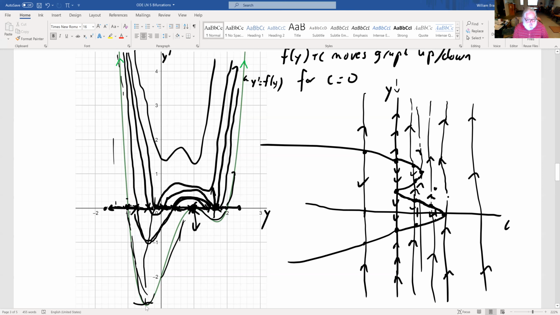Right? So as we move this graph up and down, the equilibria are the x-intercepts, right? As you move it down, you lose this one. As you move it up, this will split into two, and then we'll get a node when this hits the y-axis, and then we'll get another node when that one hits the y-axis. Okay.